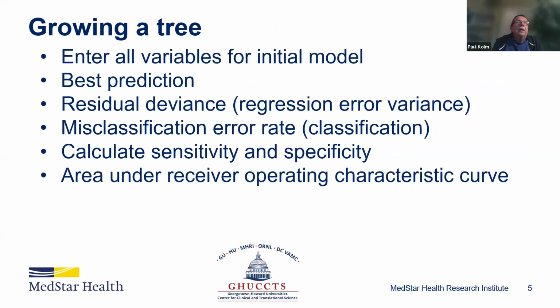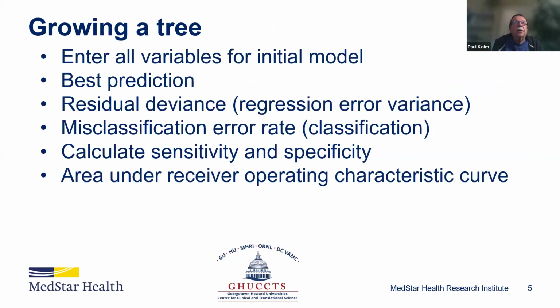So when we grow a tree, initially we're sort of like linear regression. We're going to enter all the variables for the initial model, and this is going to give us the best prediction.